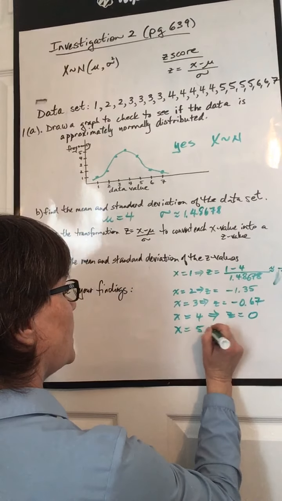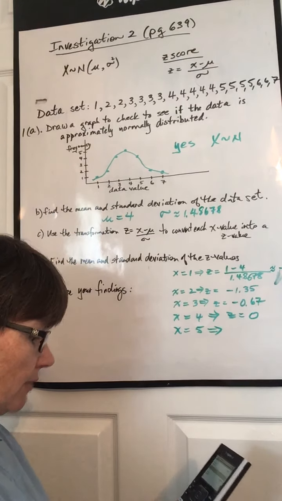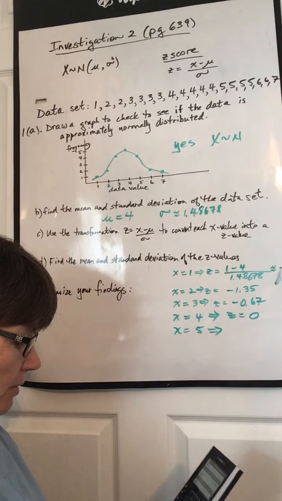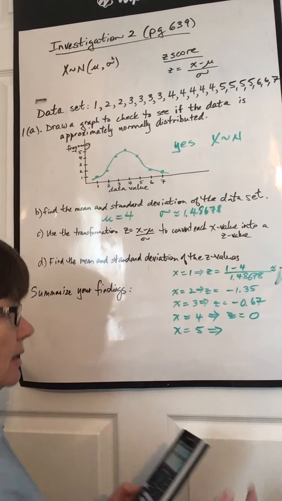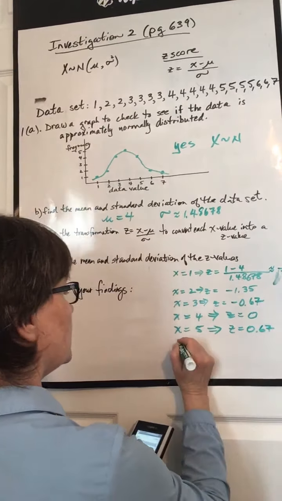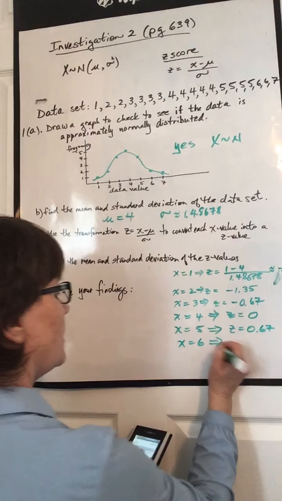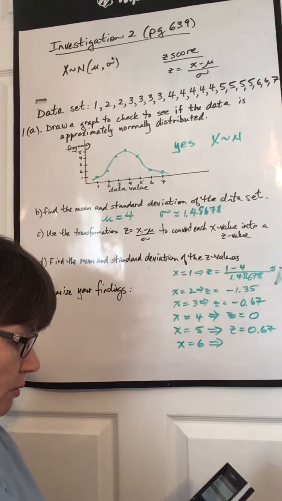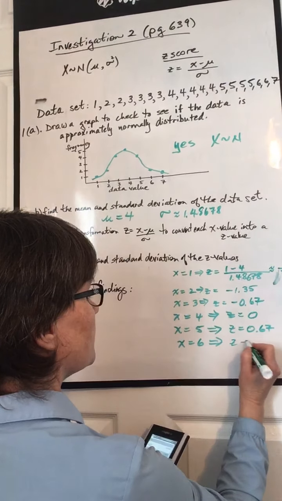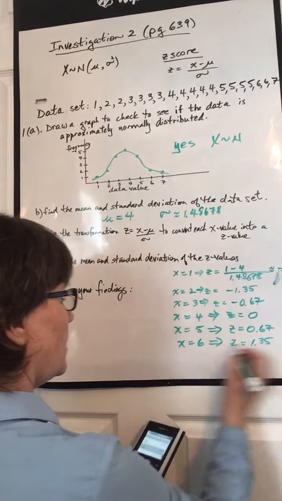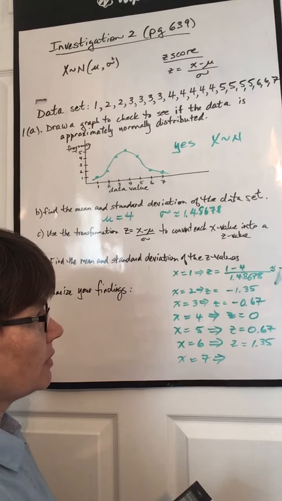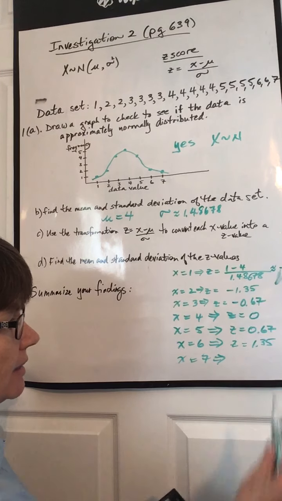When it is 5, 5 subtract 4 is 1, divided by 1.48678, and that is 0.67. When it is 6, 6 subtract 4 is 2, and we get positive 1.35. And when x is 7, if you happen to notice a pattern here, it's symmetrical.